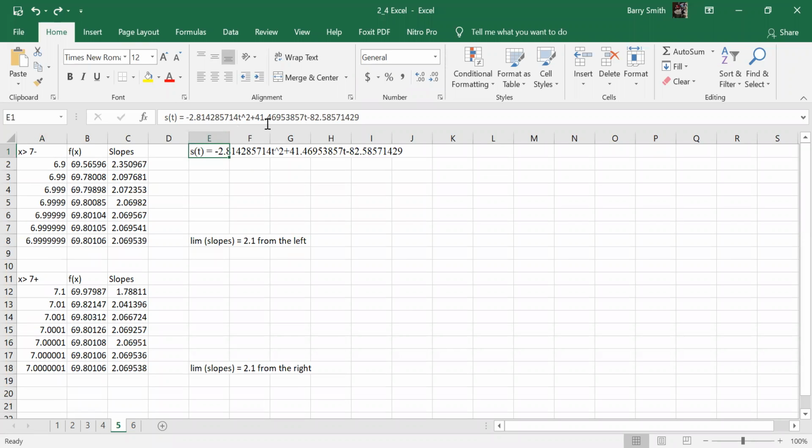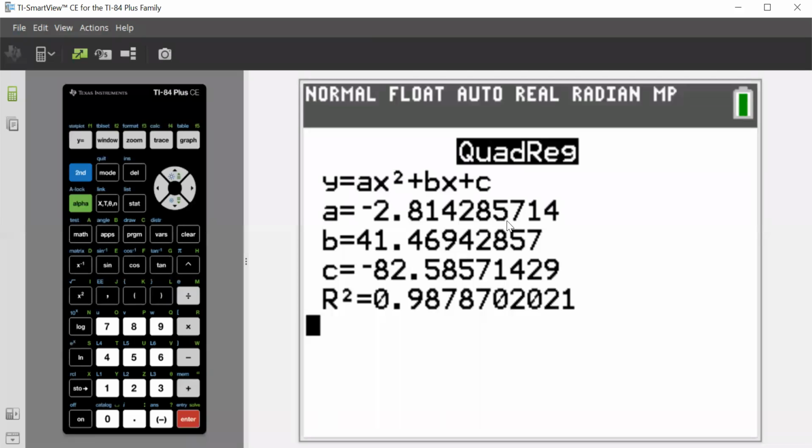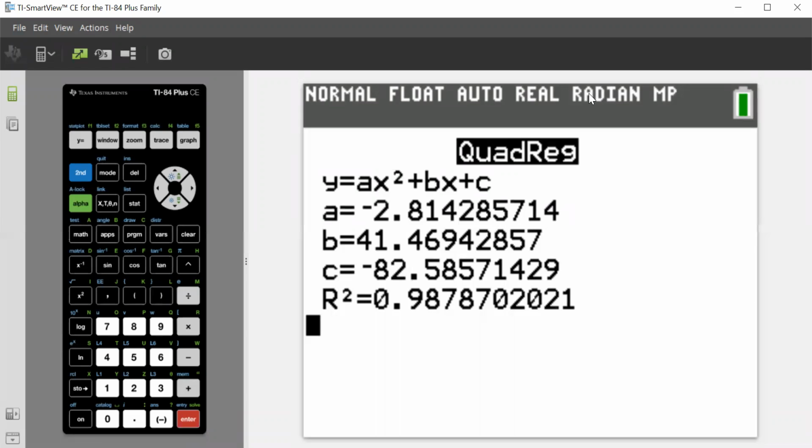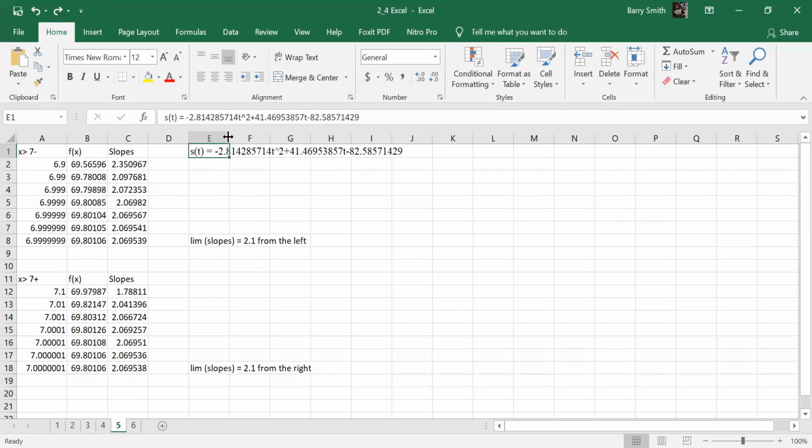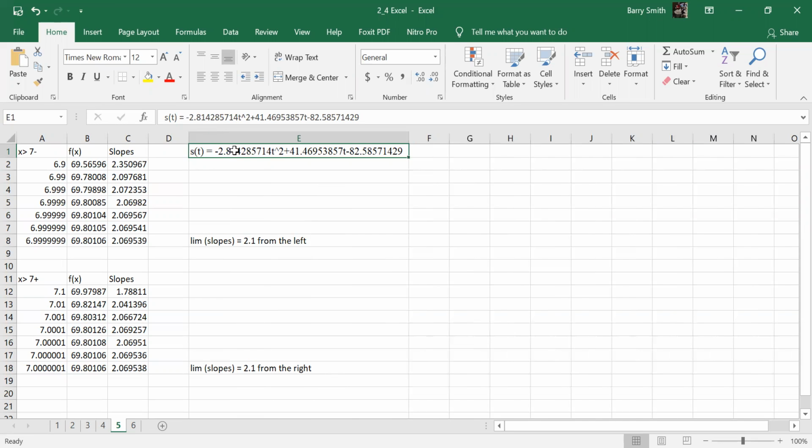I'm going to use all the decimal points they give us, so it's going to go out to 2.814285714. And if we go back over here, that's exactly what I have right there. I'm going to go all the way to the end, then t squared, and then plus the 41 and so on, times t minus the rest, the whole thing.